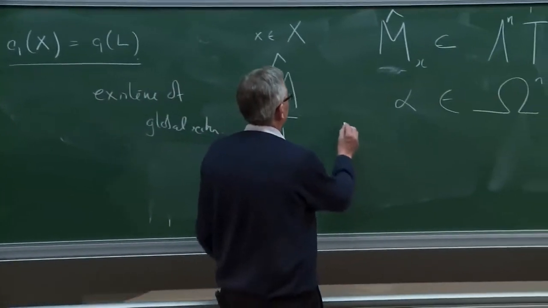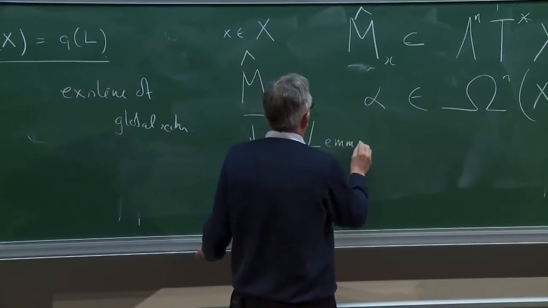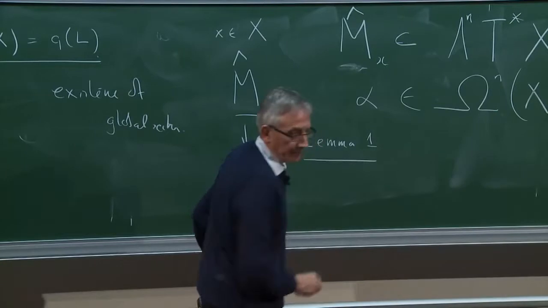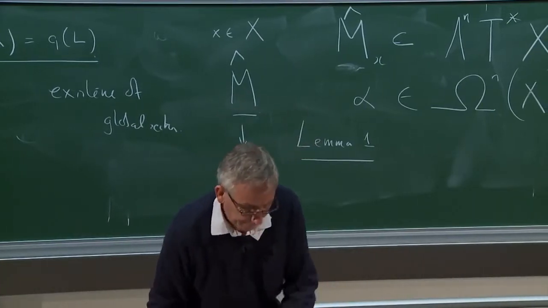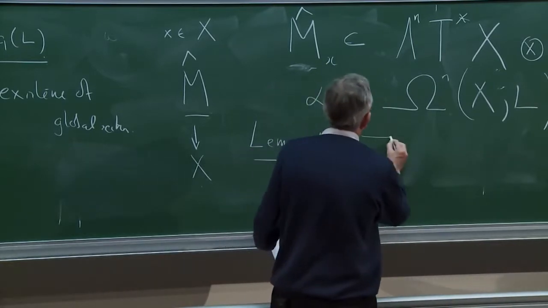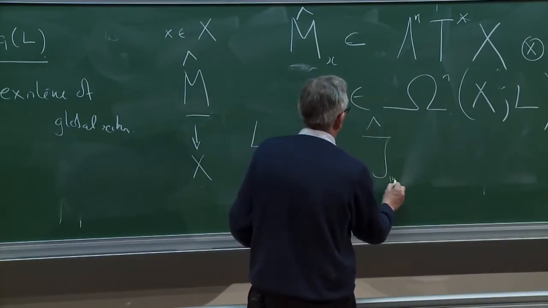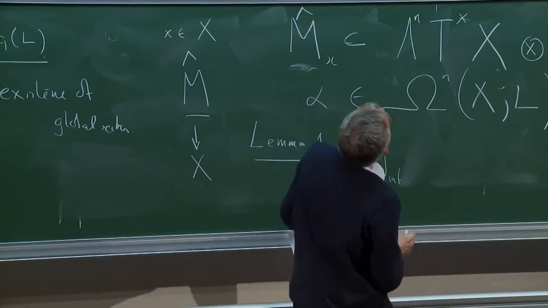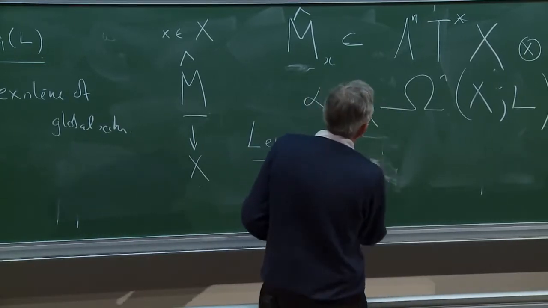So say lemma 1. If we let, say, gamma j hat, what did I call that thing? Z int, I call it.